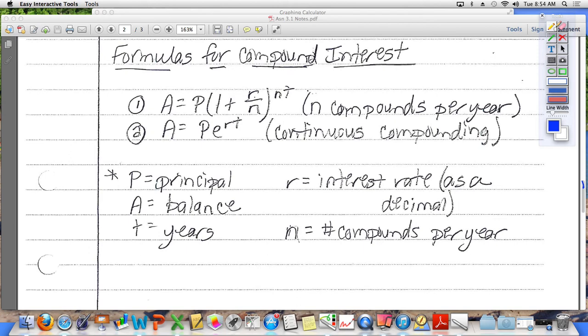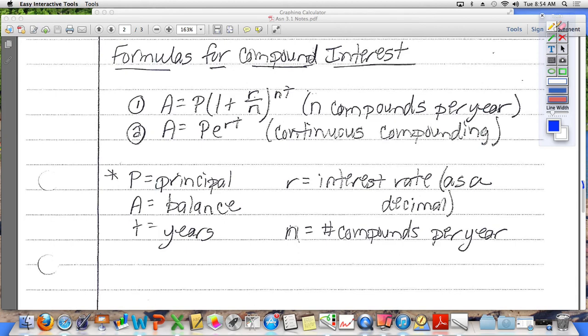That is the formula you use if it compounds n times per year over certain intervals, like once a month, or biannually, or annually, or daily, or quarterly, something like that. This would be the formula that you would use.